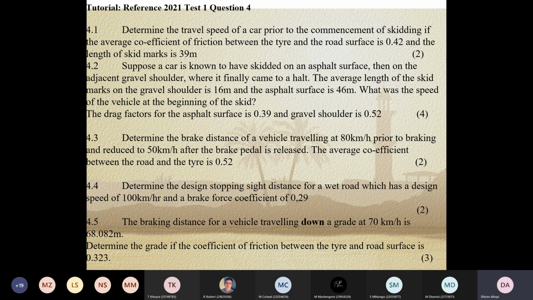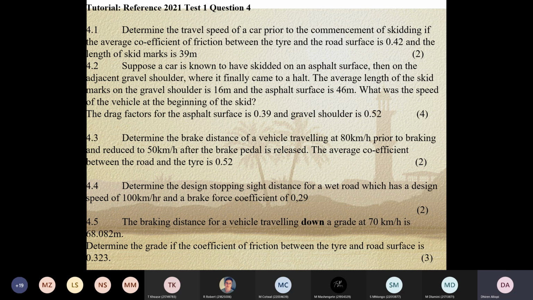And I did say the bulk of the theory, unfortunately, is covered in test 1, because that's where most of the theory is, in transportation systems and transportation planning. So I did say to be on the safe side, work on 60-40, 60 theory, 40 calcs. It may be 50-50, but I don't want to put my head on the block, and that is why I'm saying to be on the safe side, allow for 60-40 for test 1.